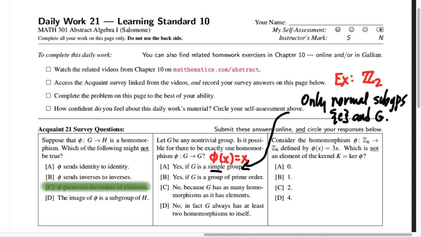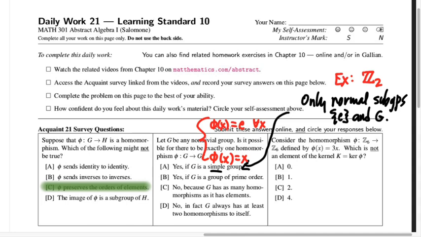Okay. Is there another homomorphism from a group to itself besides the identity? Phi of x equals 0, or the identity element, right, for all x. These two homomorphisms always exist from any group to itself, right? The trivial homomorphism that sends everything to the identity, and the identity homomorphism that sends everything to itself.